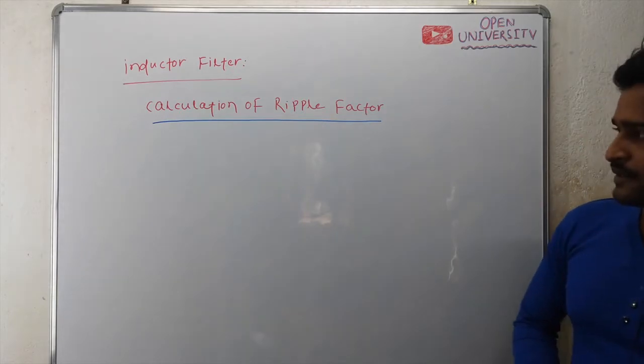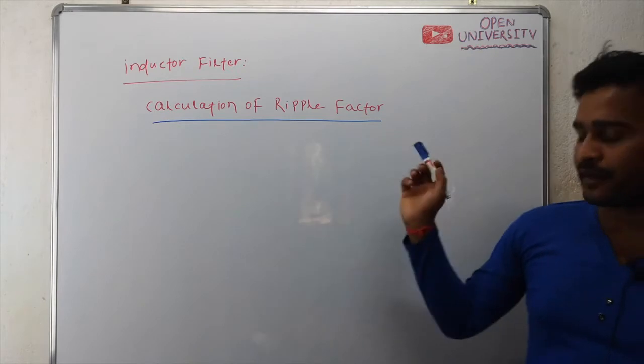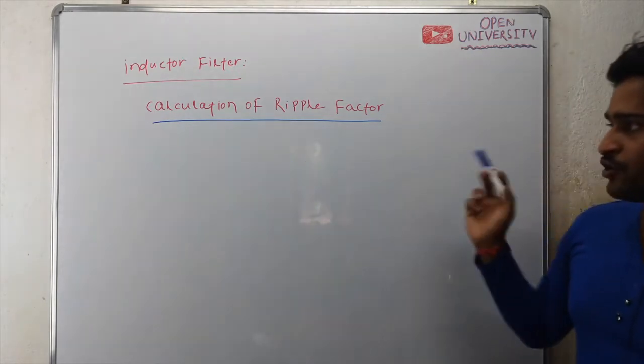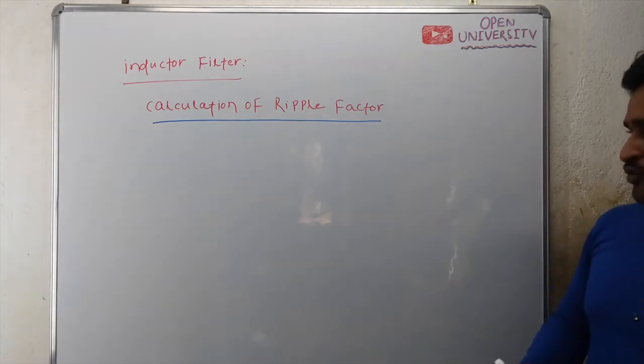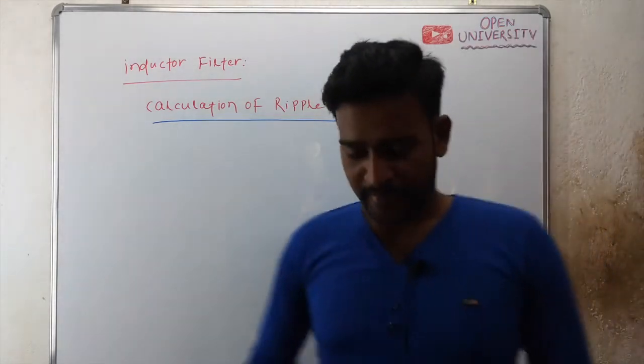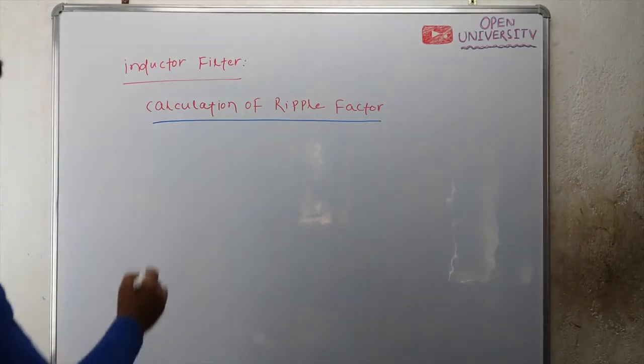Next, write down another point. We know that the full wave rectifier is equivalent to a series combination of a DC source and an AC source.